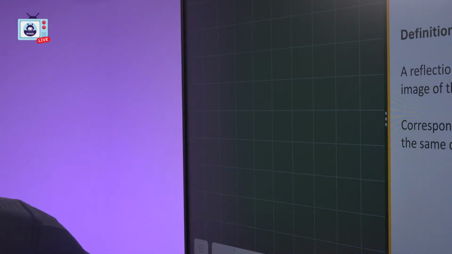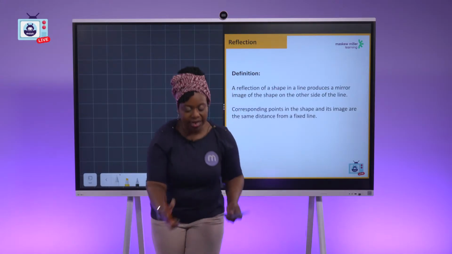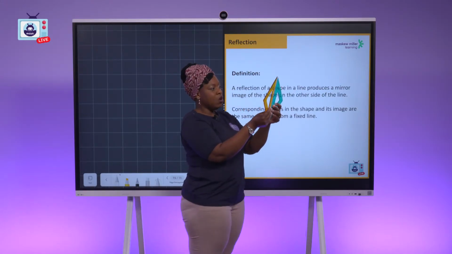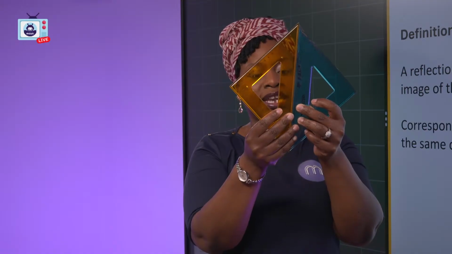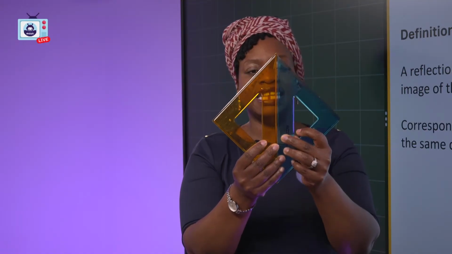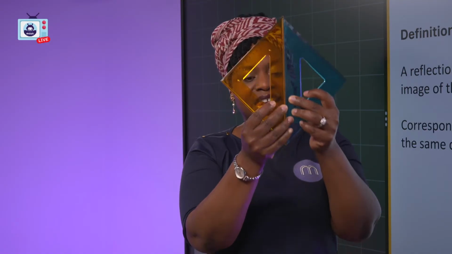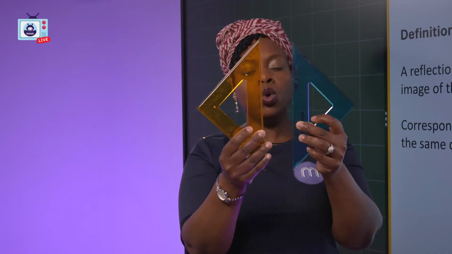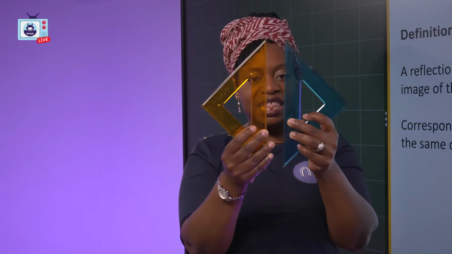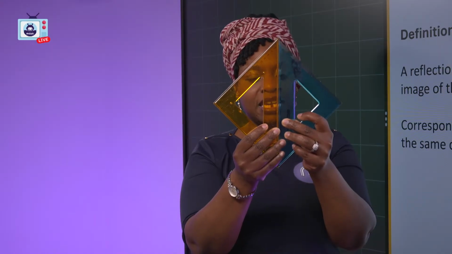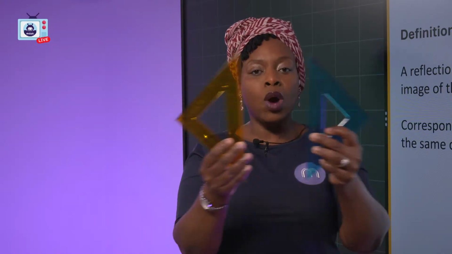And reflection can be shown well with shapes. If I had these two rulers and I hold them like this, and they're equal in shape, size and everything, the line in between these two rulers is the one that makes it a kind of symmetry, equal in distance.